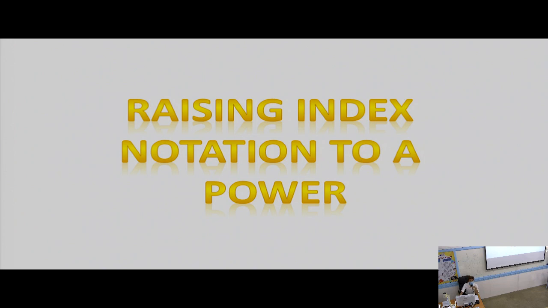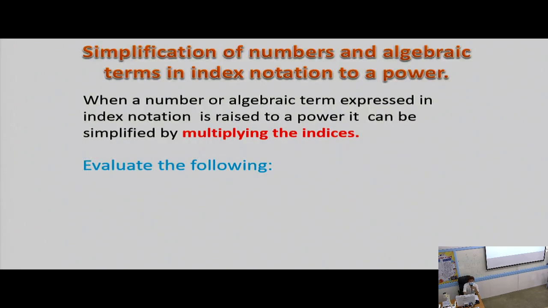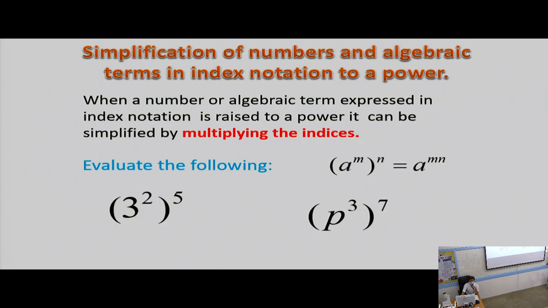Exponent rule number 3. Simplification of numbers in algebraic terms in index notation to a power. So what does it mean? If we raise an exponential number, which is already an exponential number, to another power, so to read this, it is a to the power of m to the power of n.